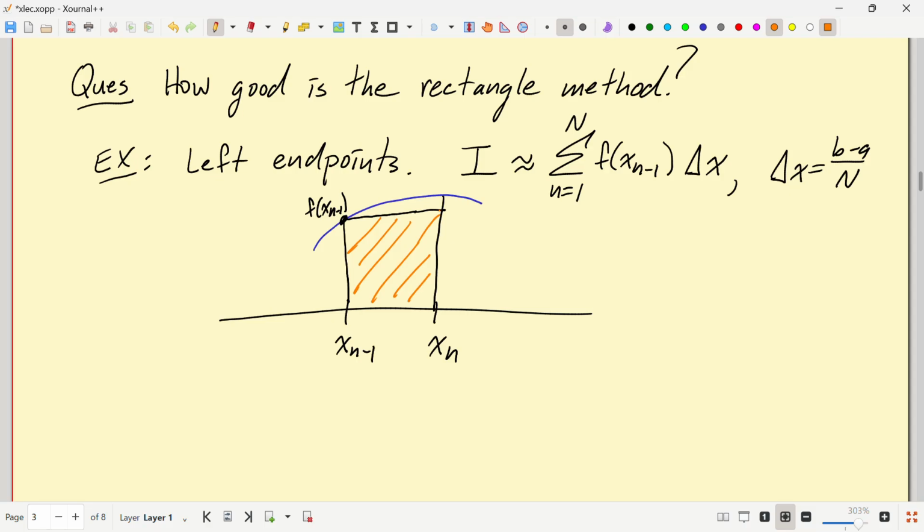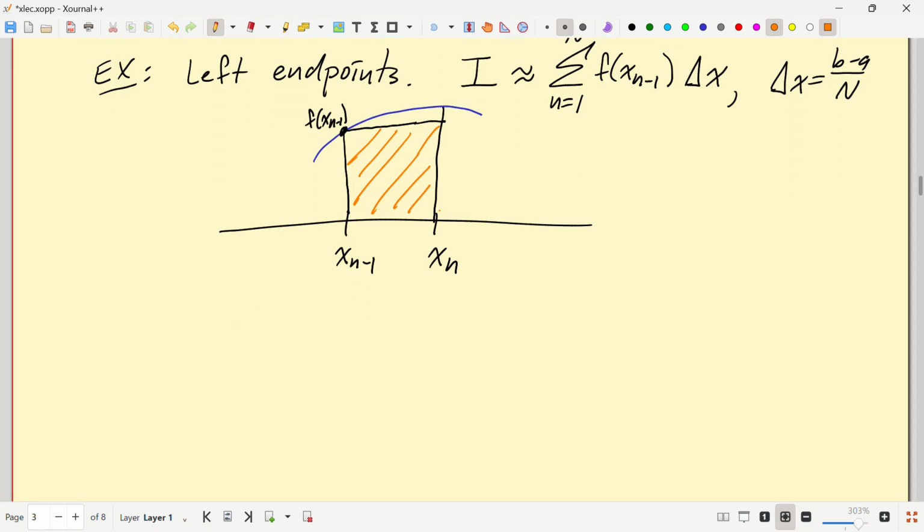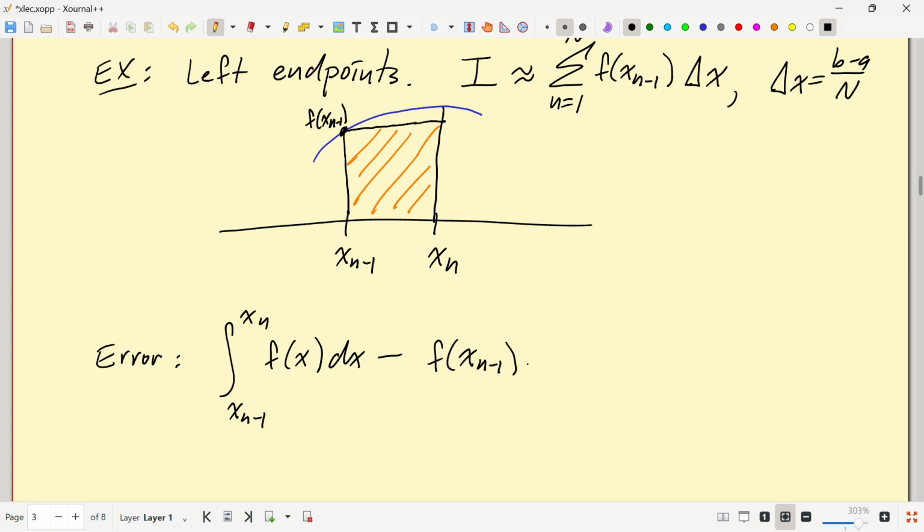And so if we look at the error here, it would be the integral from x_{n-1} to x_n of f of x dx minus that rectangle, times delta x.